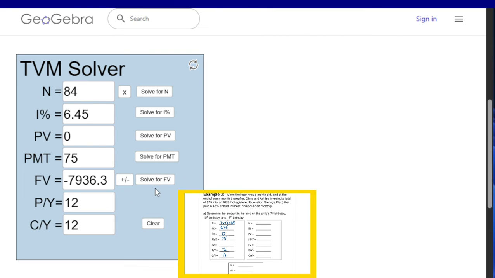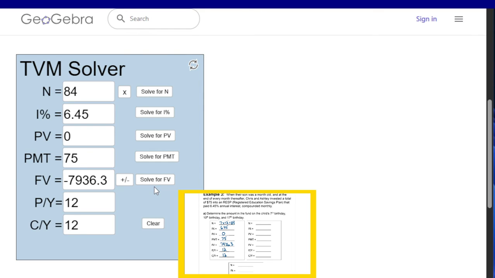We solve for our future value and we get $7,936.03. So in 7 years, by putting in $75 every month, we have $7,936.03.